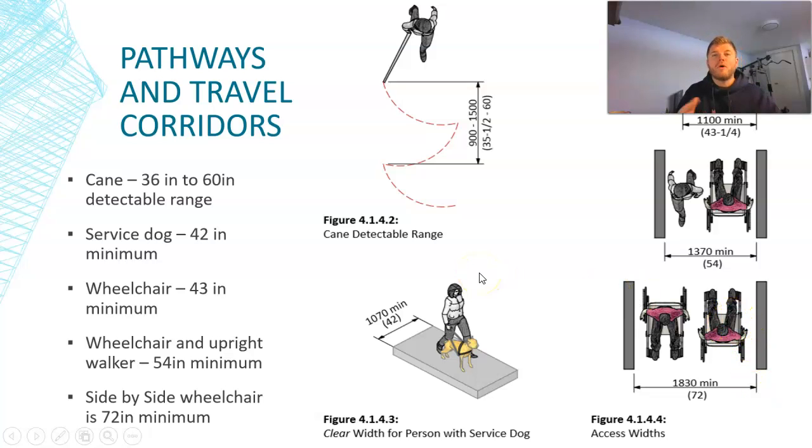When you look at a Walmart or a Costco or any kind of grocery store, there are always main travel corridors, which are very wide, and then there are some smaller ones. Even a gas station has this. So you're going to have 1 or 2 main corridors of 72 inches. You'll have a bunch of 54-inch ones that are very well traveled, but not as much. And then you might have some smaller ones, which are 43.25, which is the minimum for a single wheelchair.